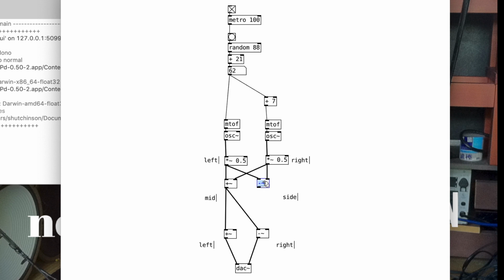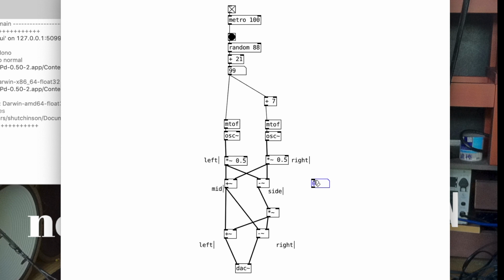Let's now take this side, go Command 1, multiply tilde. Now we can take this, add it to the equation, and then, well, let's do it this way.